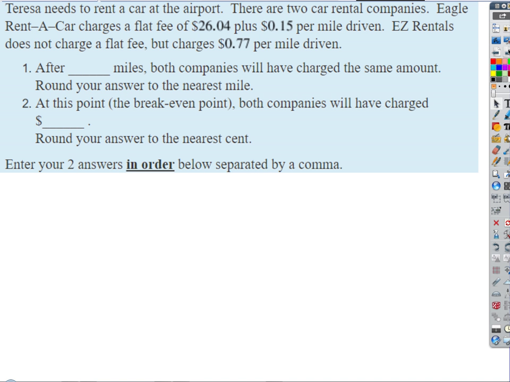So how would we do this problem here? Just read through this real quick, and then I want you to kind of walk me through it.